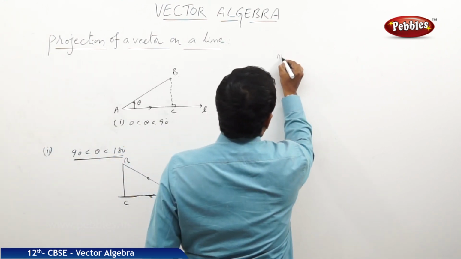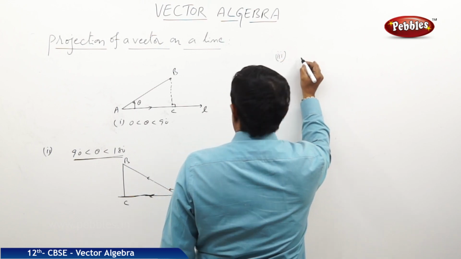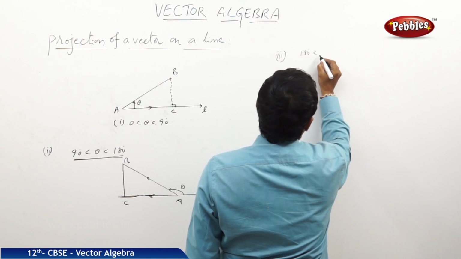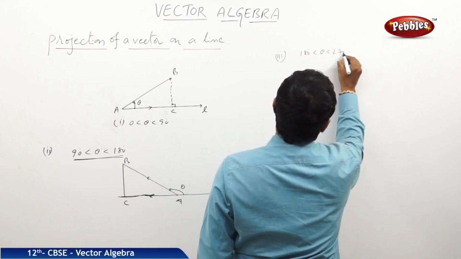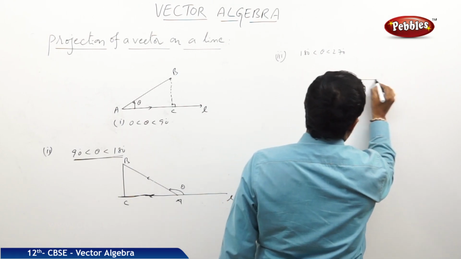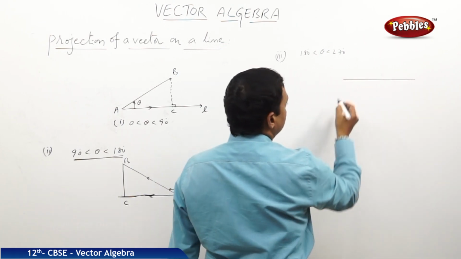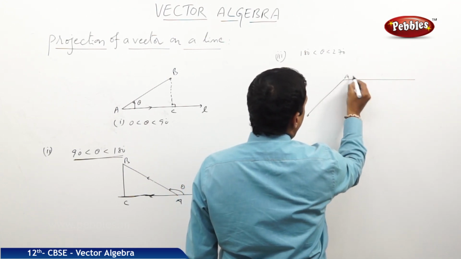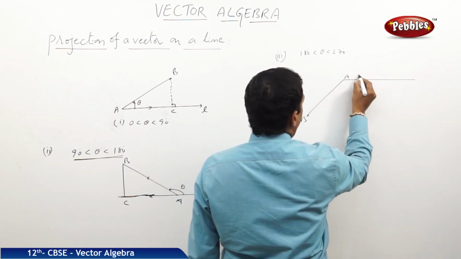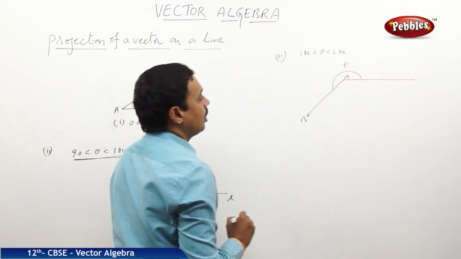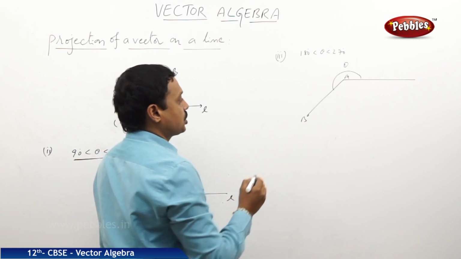Now in the third case, if the angle is 180 less than theta less than 270 degrees, let it be the line L, and suppose the vector AB is making an angle theta like this. Now how to define the projection?